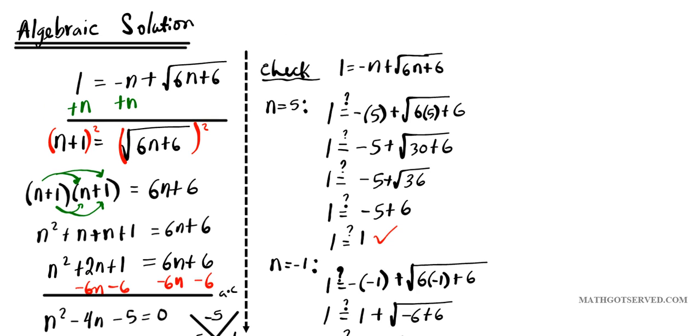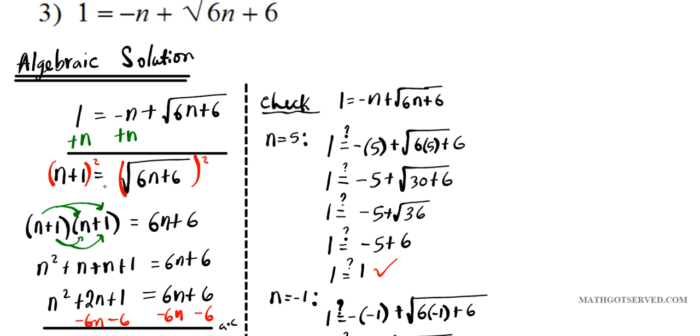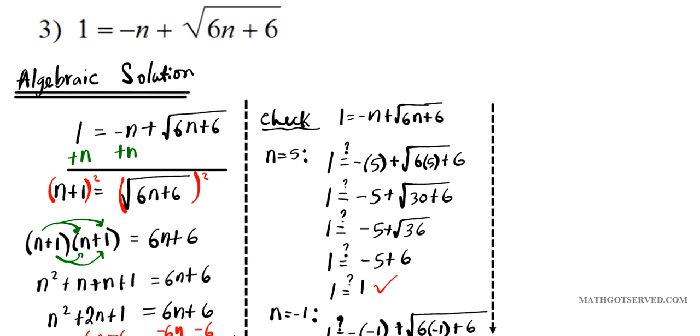Now, according to the instructions, we are to solve the same problem using our graphing calculator function. So what we're going to do is graph this equation in the following format. We're going to set the left side of the equation as our y1, and the right side of the equation as our y2.